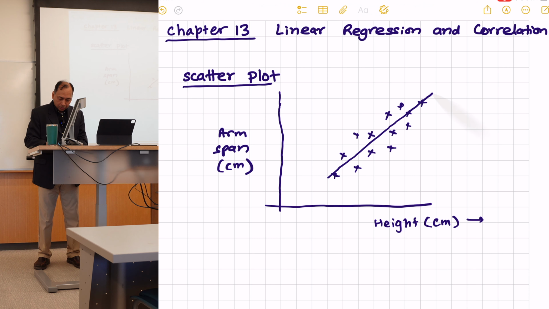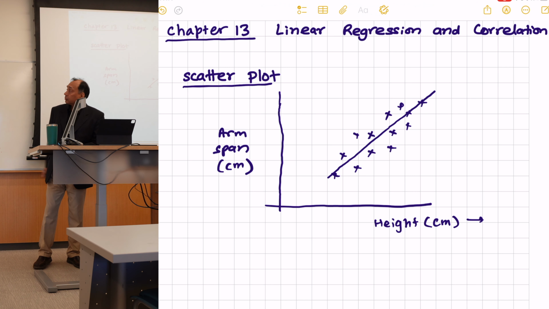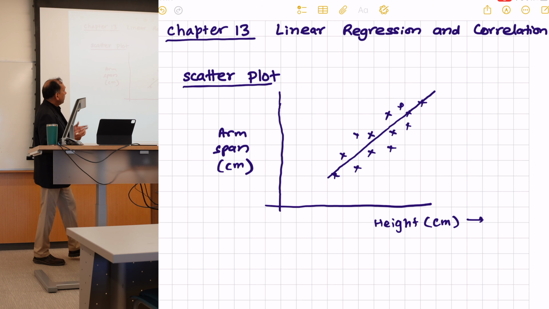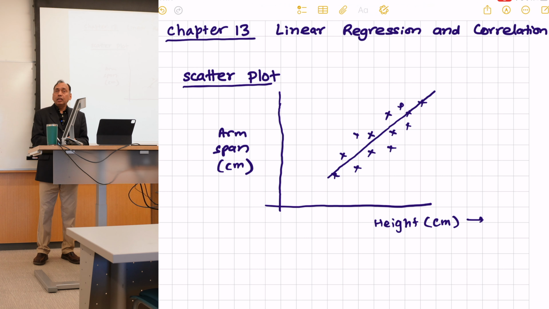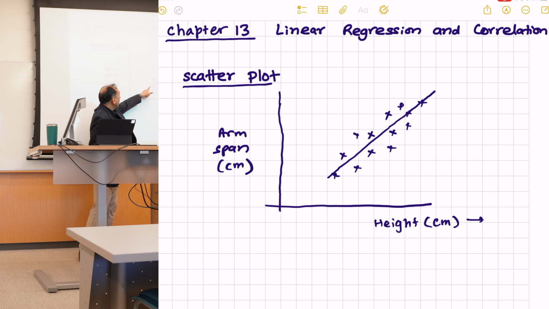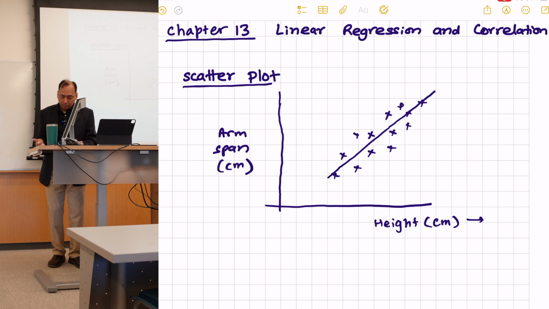We may be able to draw a straight line passing through these data points, and that could become our linear regression model for estimating, given a height, what is the arm span. Once we have this equation, that equation can be used.